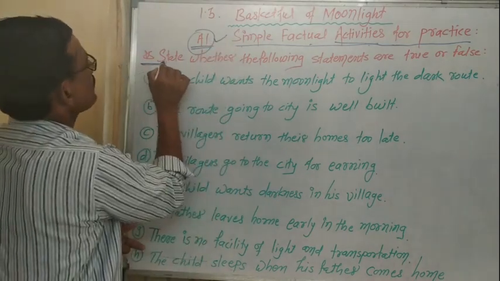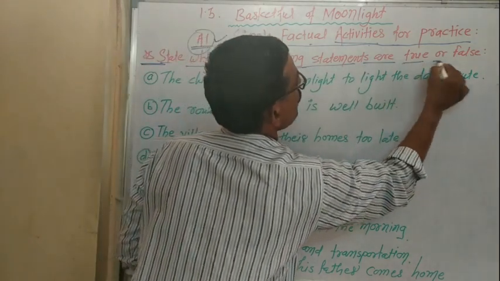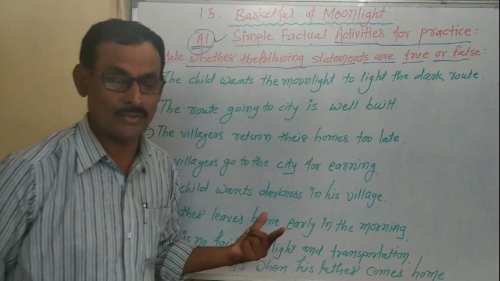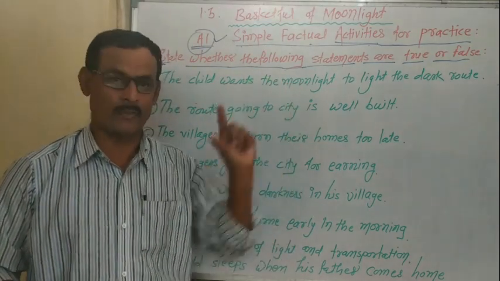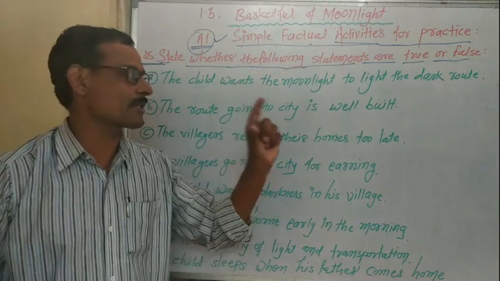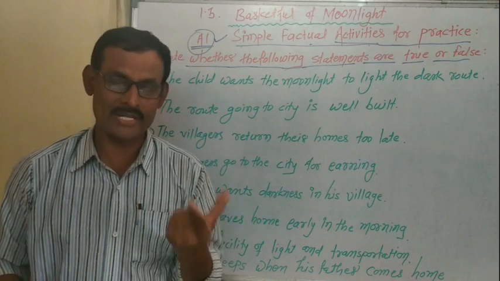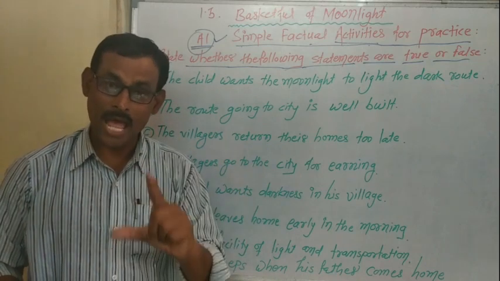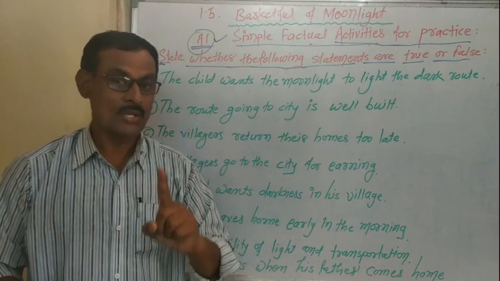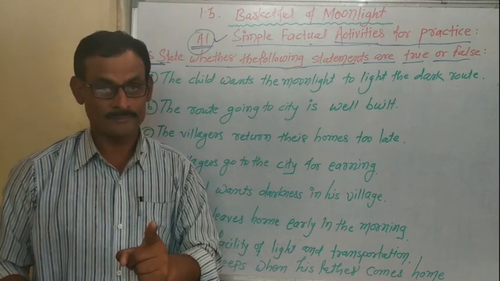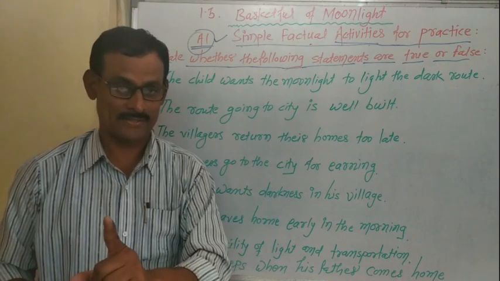The question is, state whether the following statements are true or false. As you know, the statements are given based on particular paragraphs or stanzas in your activity sheet, and you are asked to write whether the statements are true or false, based on the given stanzas. Okay.